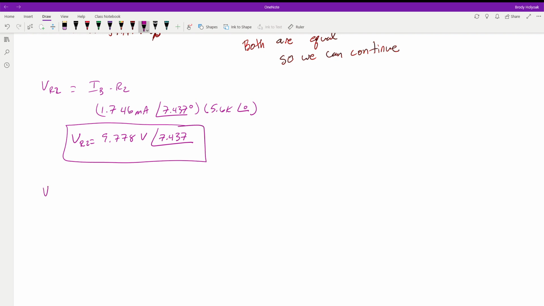And then we're going to solve for the voltage across capacitor 2. So it's IB times XC2. So 1.746 milli at 7.437, multiplied by 570.448 at negative 90.